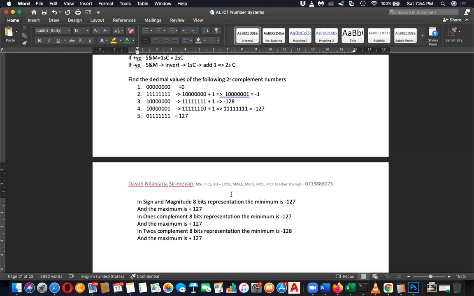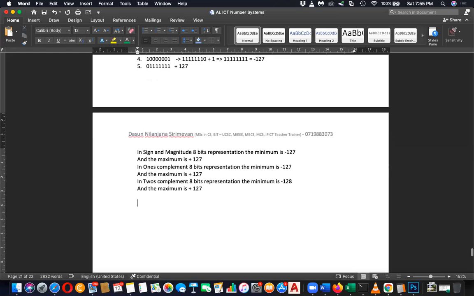How did it happen? Because both these number systems had positive and negative zero. But in this number system, negative zero is removed. That increases the negative number range. That's why you got one more than the above number systems.